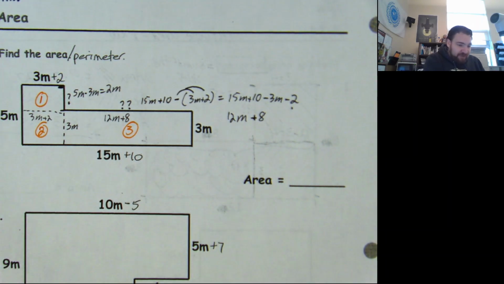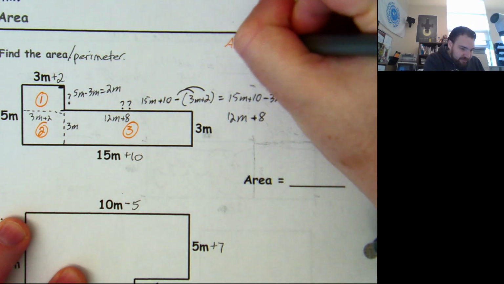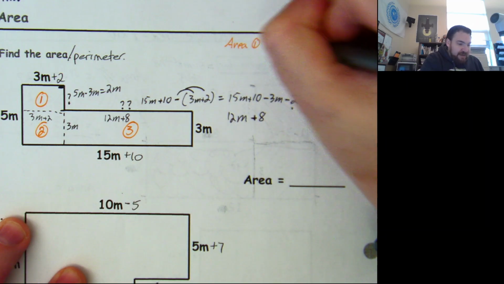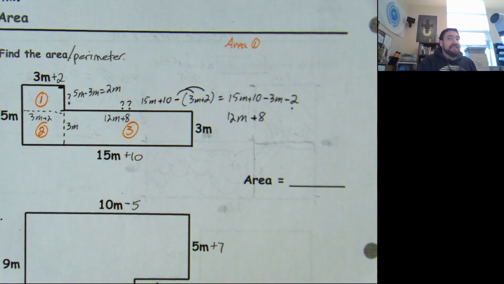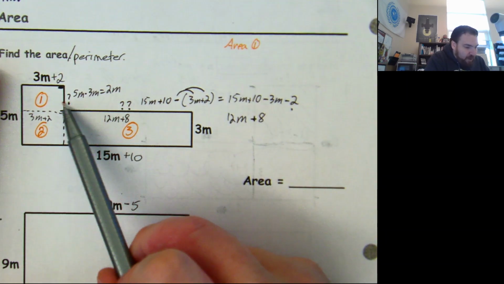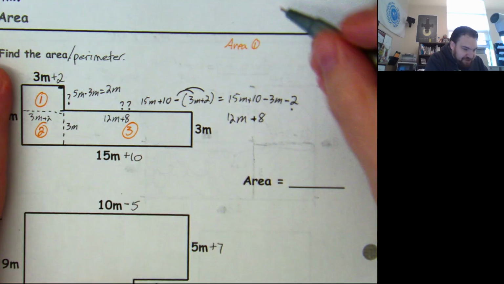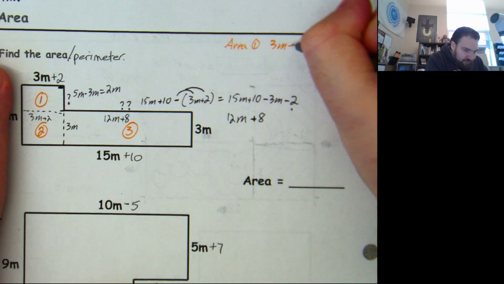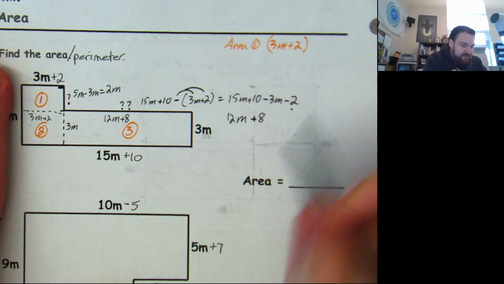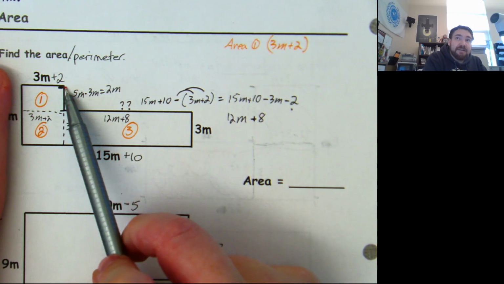So, I want the area for shape 1. Again, these are all rectangles. Rectangles are just length times width. So shape 1 is this guy here. It's going to be 3m plus 2 in brackets, this side times this side.